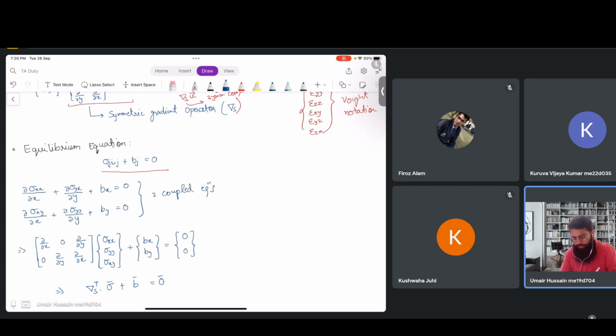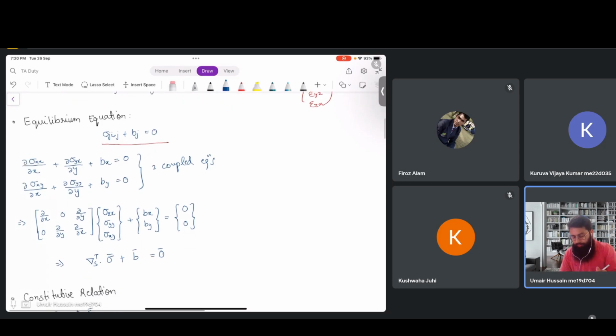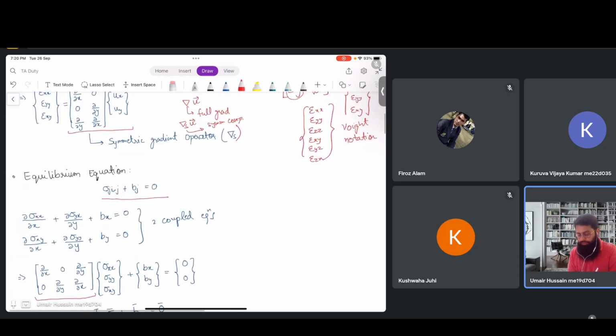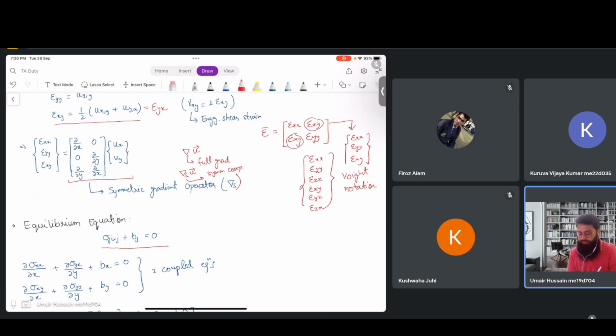Okay, so again we can write this in terms of a matrix and vector system, and we'll see this familiar matrix, which is nothing but the symmetric gradient operator that we just saw earlier, basically a transpose of that.